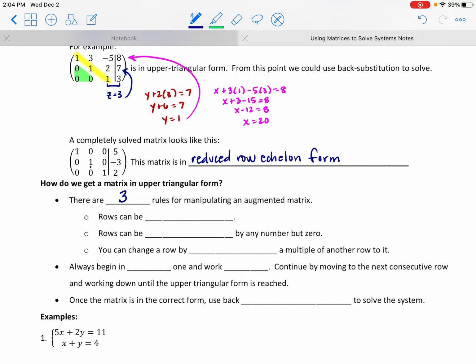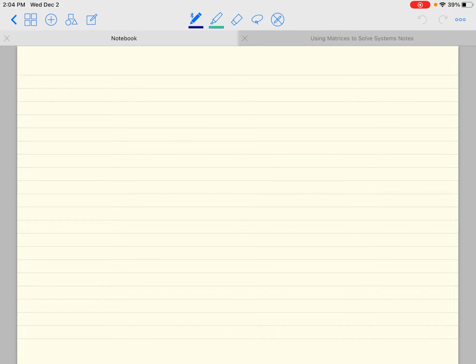So first, rows can be switched. That means that we can just move, when I say rows, that's what they are in your matrix, but these rows actually are equations. We can just move the equations around. So for instance, let's say we had a system like 3x plus y equals 5 and 2x minus y equals 8.